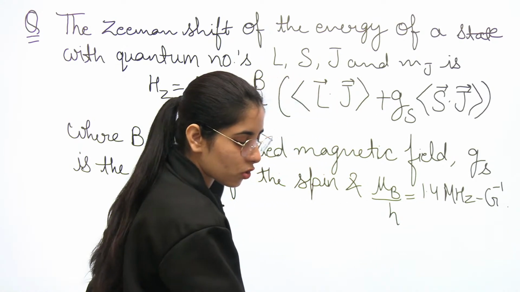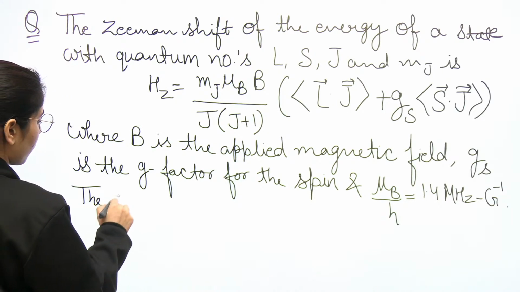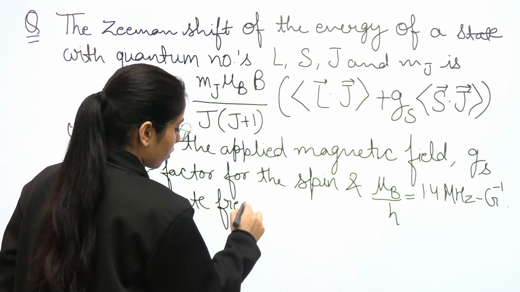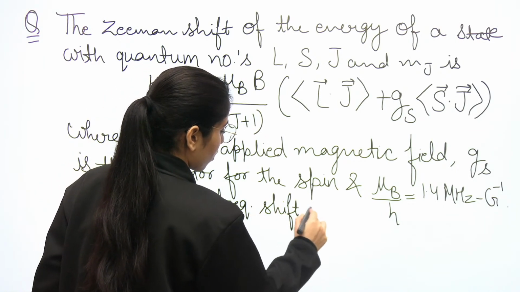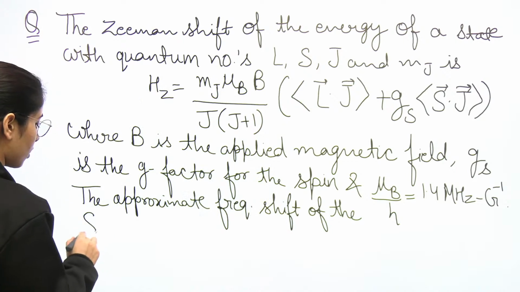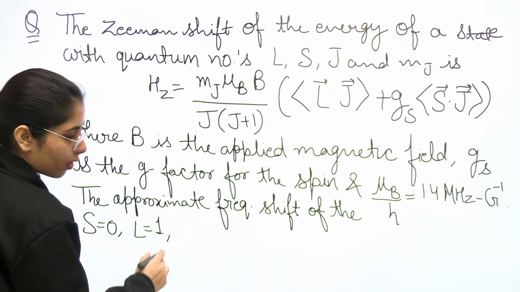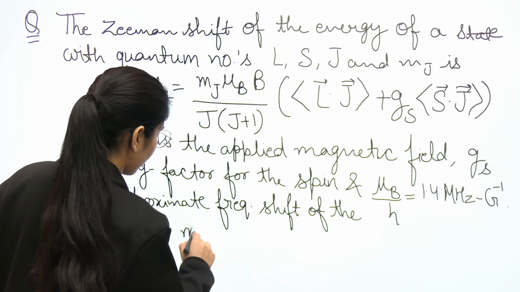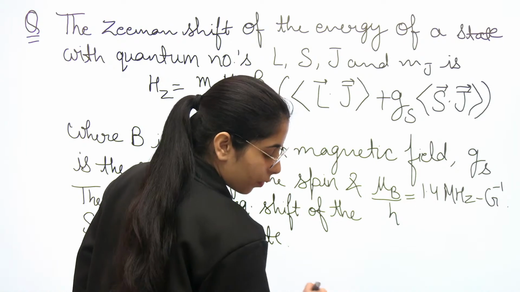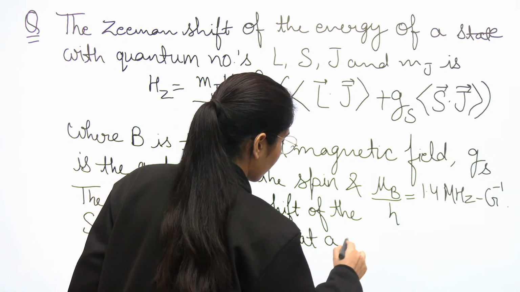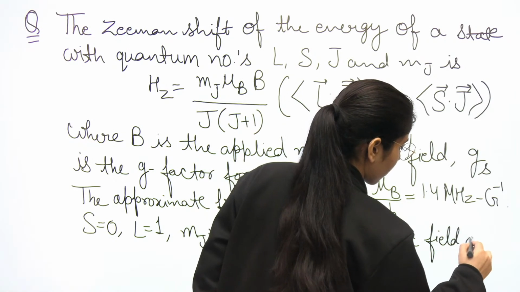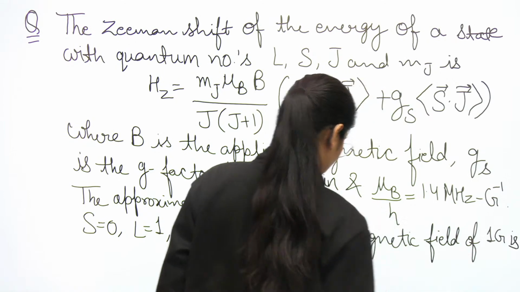The approximate frequency shift of the S equal to 0, L equal to 1, Mj equal to 1 state at a magnetic field of 1 G is. This is the complete question.